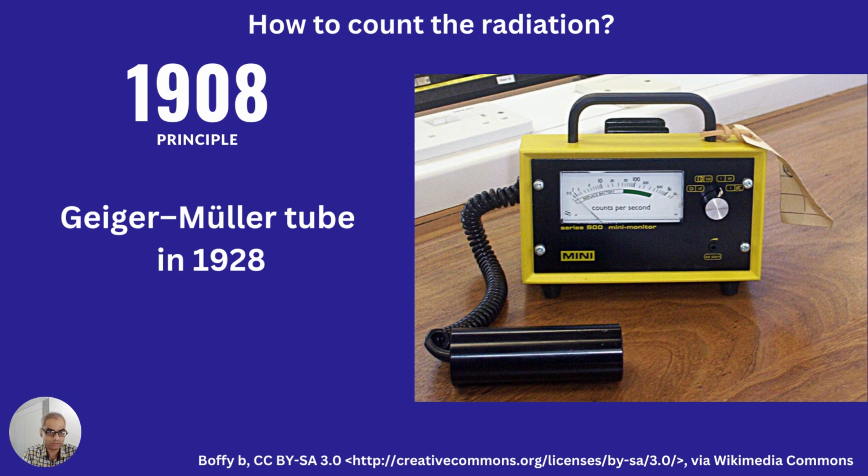The idea was proposed in 1908, but it took almost 20 years to build the first Geiger Muller tube. Geiger and his PhD student Muller designed this first GM tube in 1928. Now, what does it consist of?